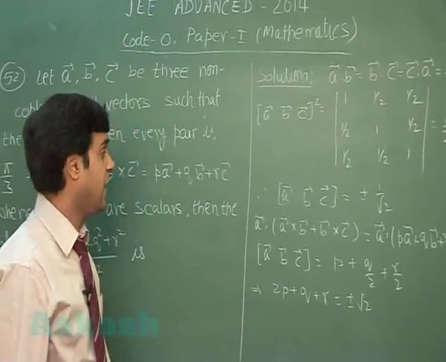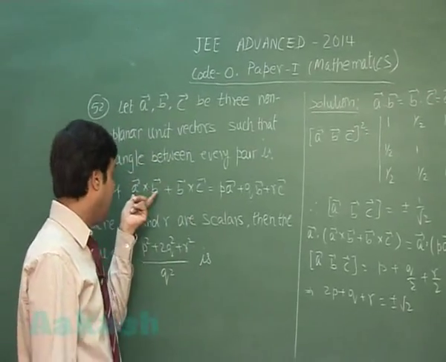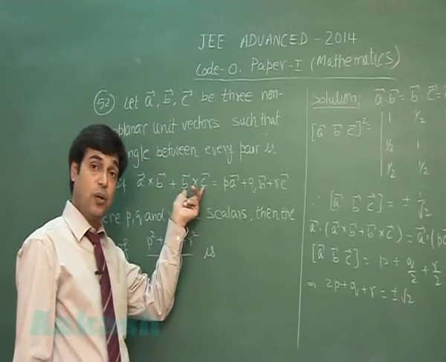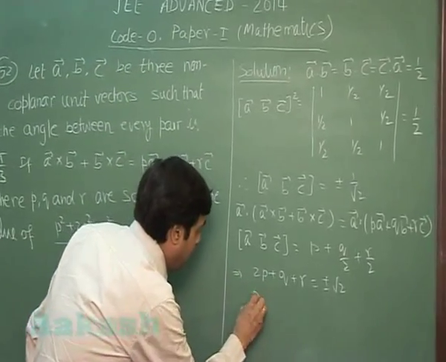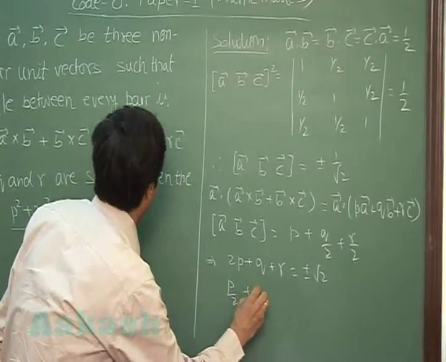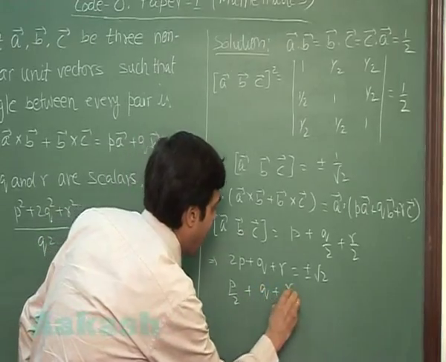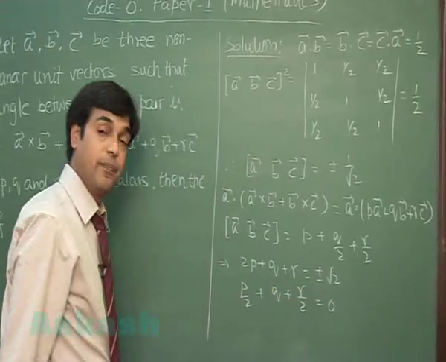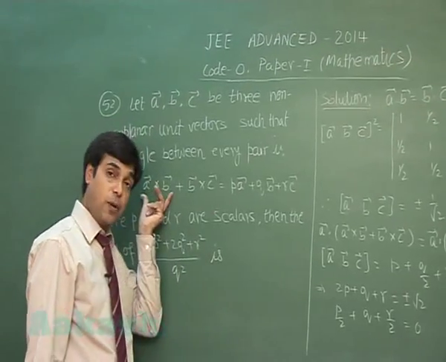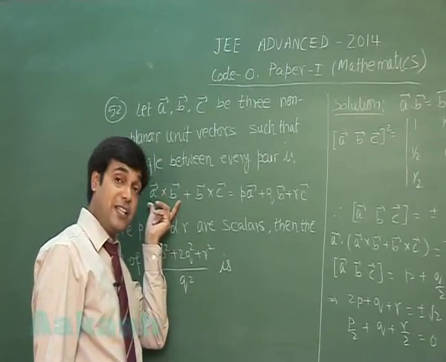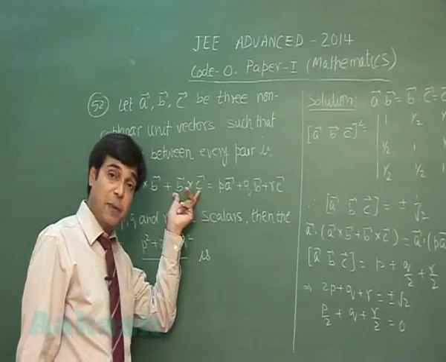Correct? Similarly, when we take dot product with B, this is 0, this is 0. We get P by 2 plus Q plus R by 2 equals 0. When we take dot product with C, A cross B dot C means a scalar triple product. This becomes 0.